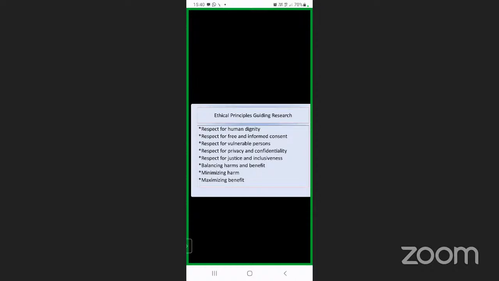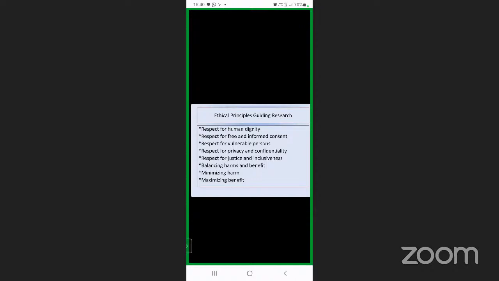Then balancing the harms and benefits. We know that on both sides of the coin, on one side there is harm, and on the other side there may be benefits to that person or the society. It may be harmful to some population and useful for some population.